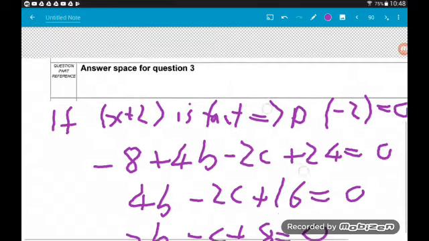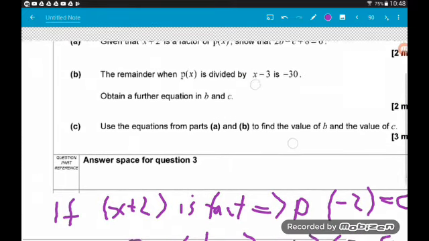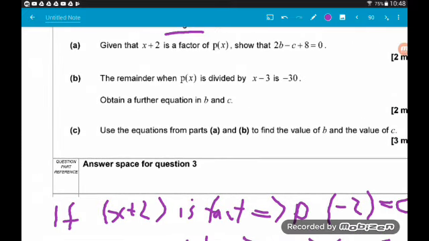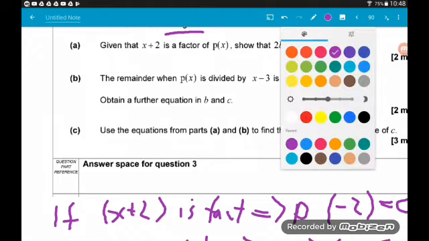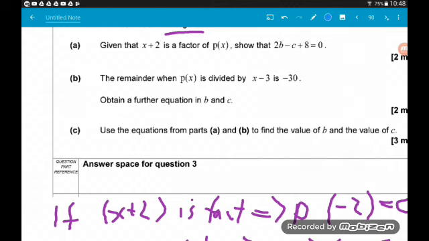Good times. Okay, part B then tells us the remainder when p of x is divided by x minus 3 is minus 30. We want to use that information to obtain a further equation in terms of b and c. So, let's change colour.